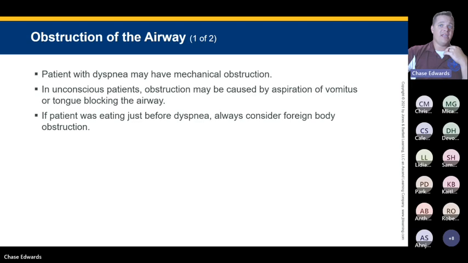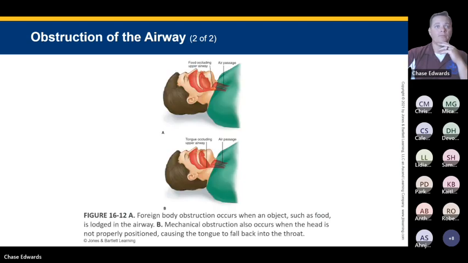It can also be improper positioning of the head, which causes the tongue to block the airway. If the patient was eating just before the onset of dyspnea, always consider the possibility of a foreign body obstruction. There are some figures there that show obstruction of the airway by a foreign body.